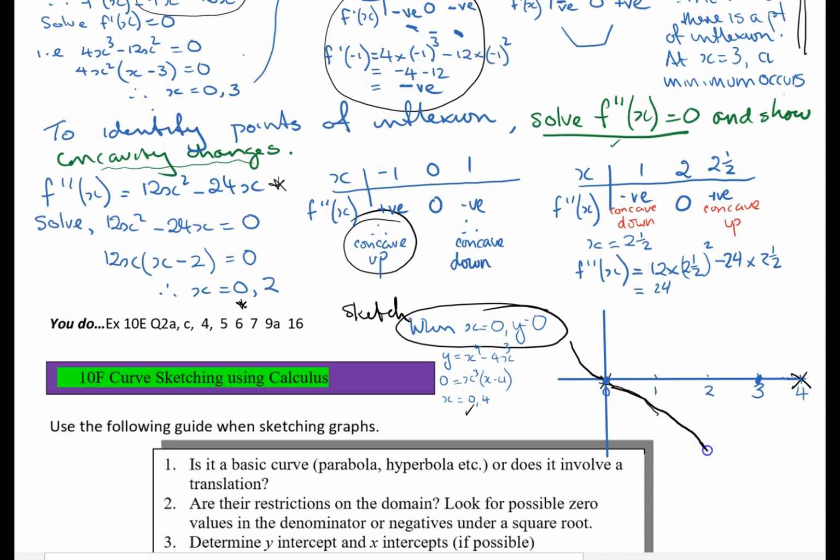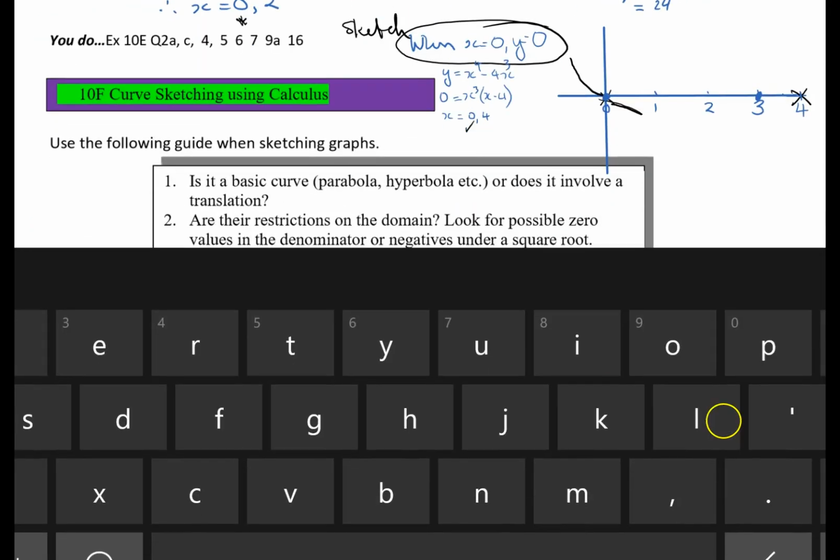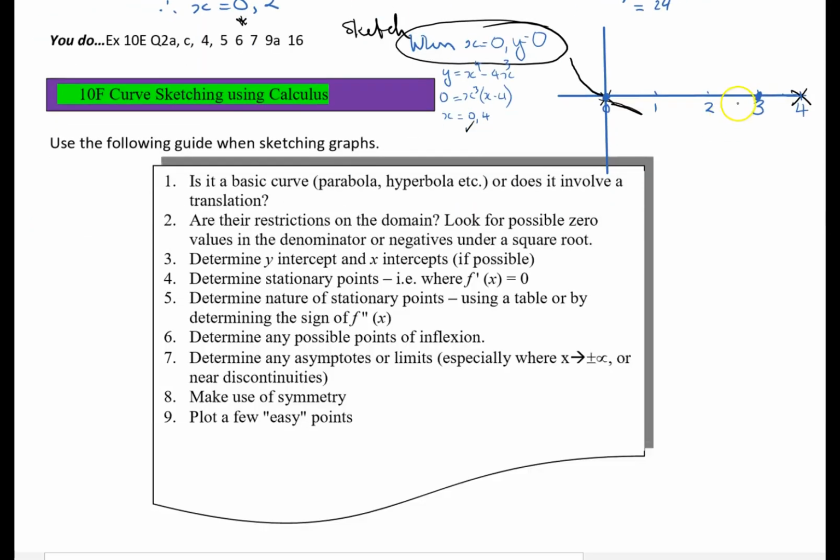And we know that down at 3, we've got a stationary point. So I haven't really drawn that very well. Hang on. Our critical points are here at 2, where I flip from concave down to concave up, and at 3, I've got a turning point. Remember that? A stationary point.